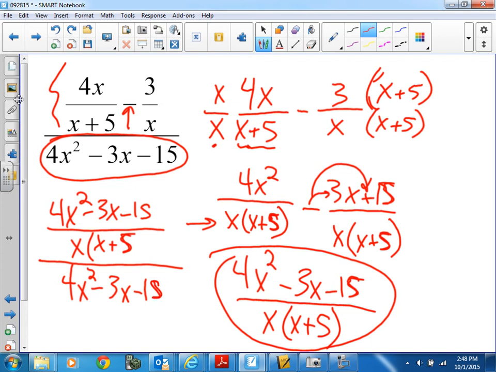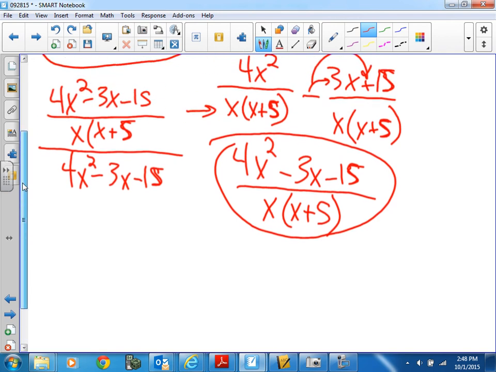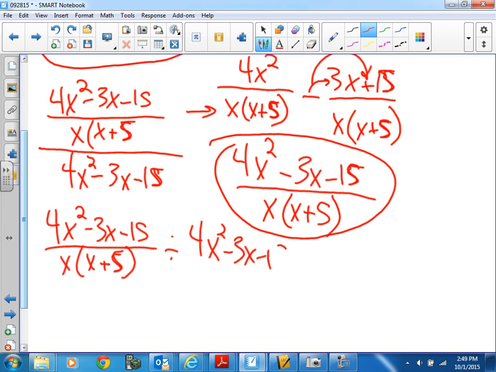Whoa, that seems like the same thing as the top, so that's probably going to mean something. All right, so I'm going to write this as 4x squared minus 3x minus 15 over x times x plus 5. And I'm going to write it side by side, divided by 4x squared minus 3x minus 15.